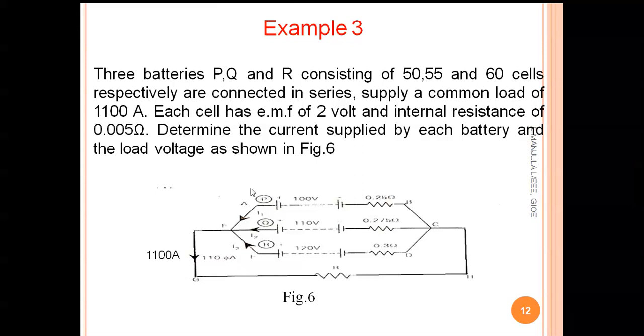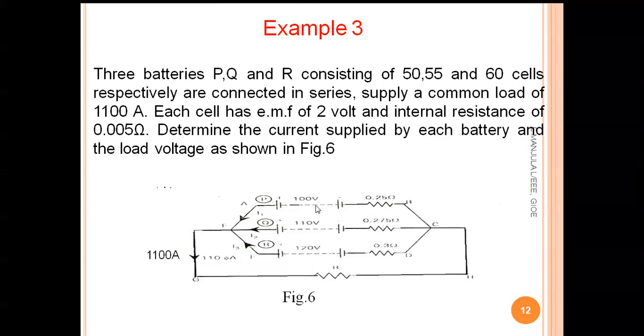So here this is the P battery, Q and R, having 50 cells, 55 cells, 60 cells. 50 into 2, because each cell has 2 volts, so 100 volts, 55 into 2 is 110 volts, and 60 into 2 is 120 volts.